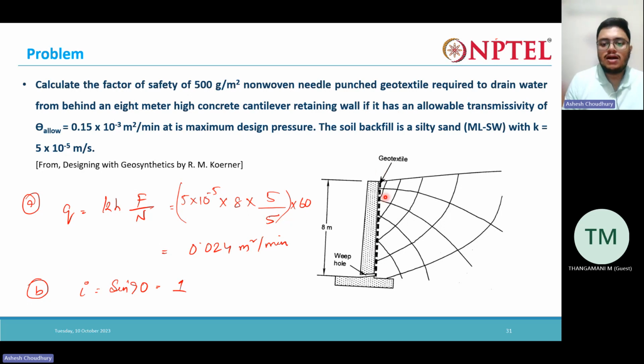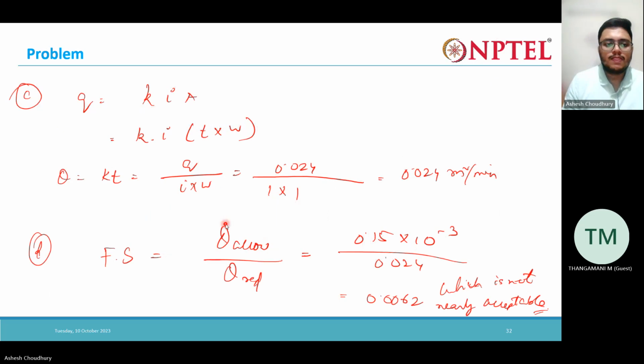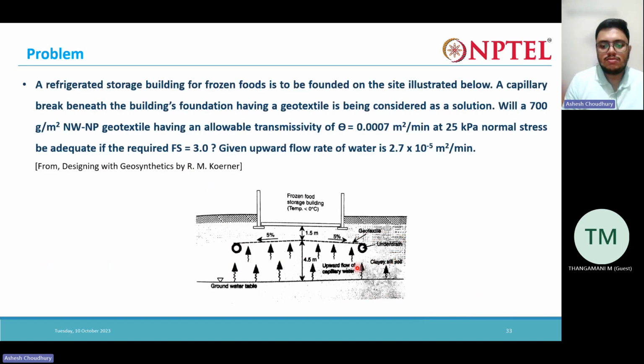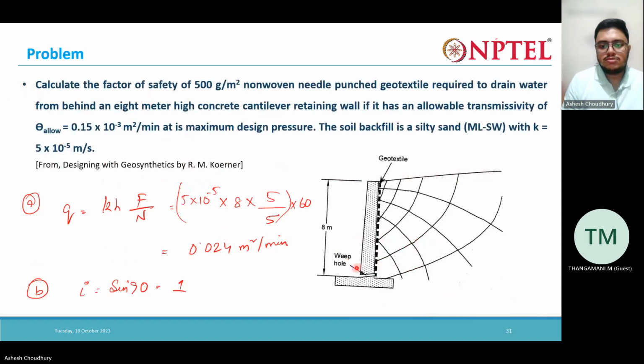What is the gradient? One, obviously, because it's straight. Then we find out the factor of safety, which comes out very, very low. It is not acceptable. So we will try this problem again with a different geometry.